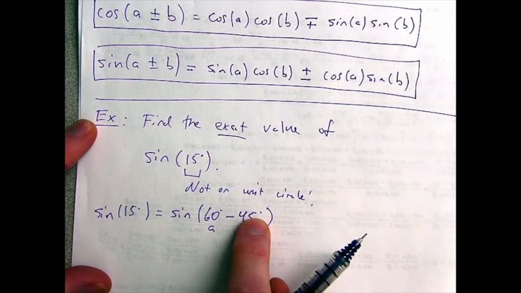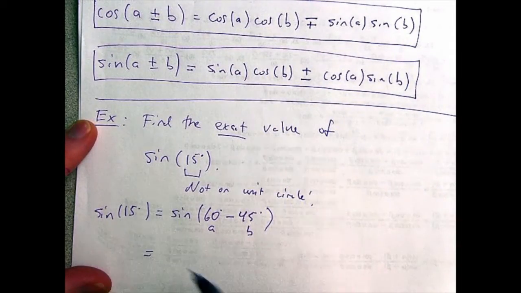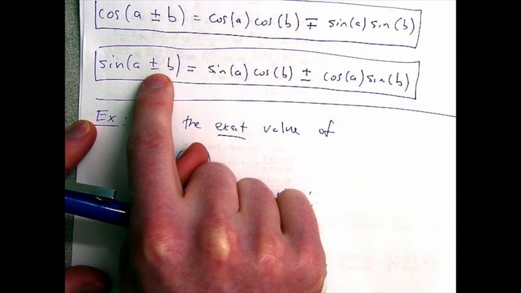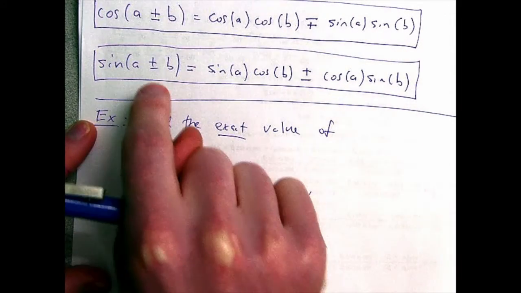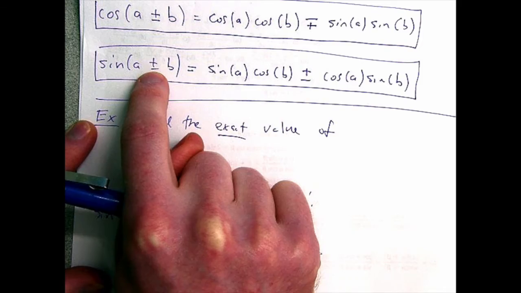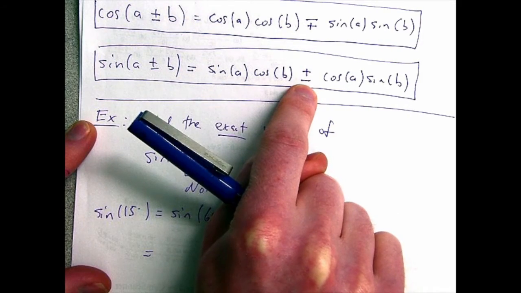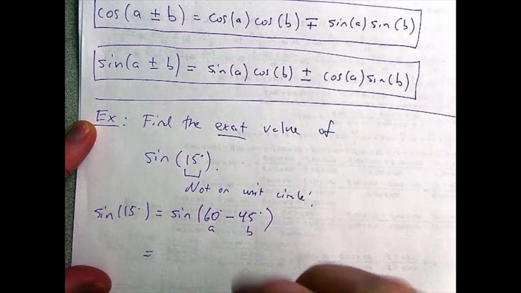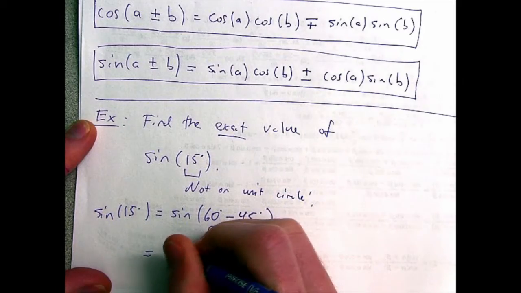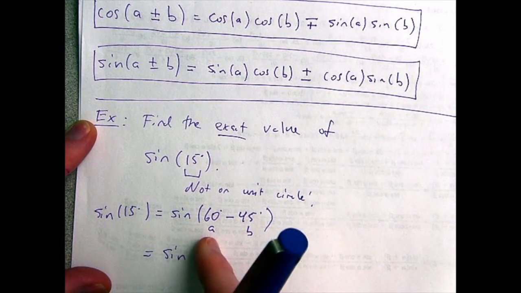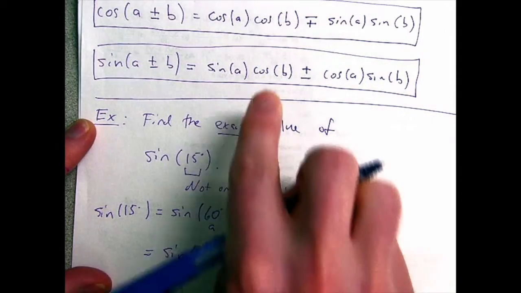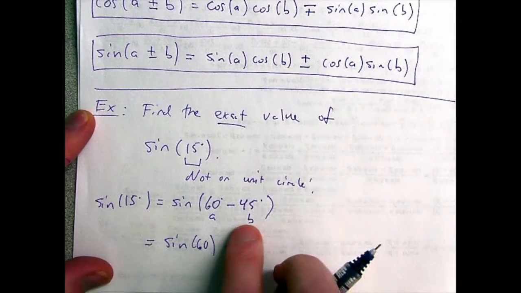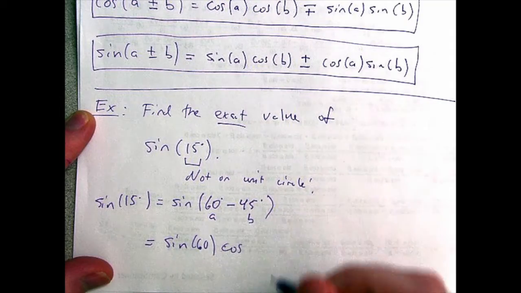So let's go ahead and use this formula. So if I want to use the difference, right, here, notice that I have a minus in between my two angles. So that means I want a minus here, which means I'm going to have a minus in between my two terms here. So what is this going to be? It's sine of A, so that's sine of, what is A here? Oh, it's 60. So sine of 60 times cosine of B. That's cosine of, what is B here?